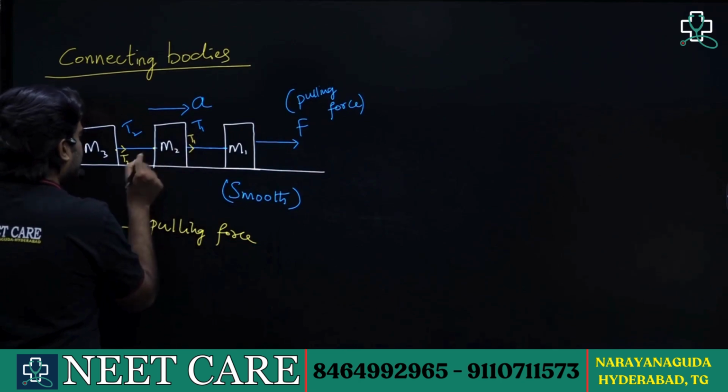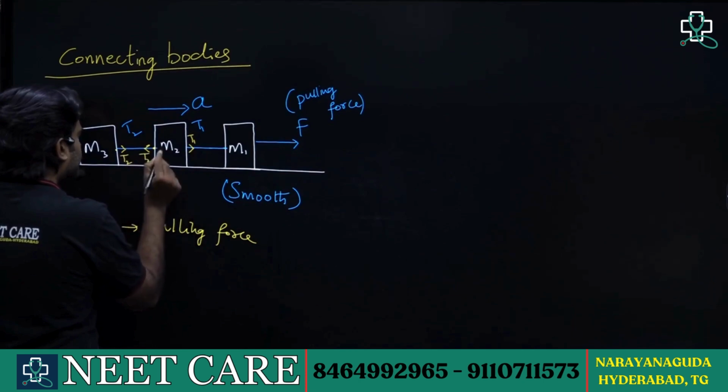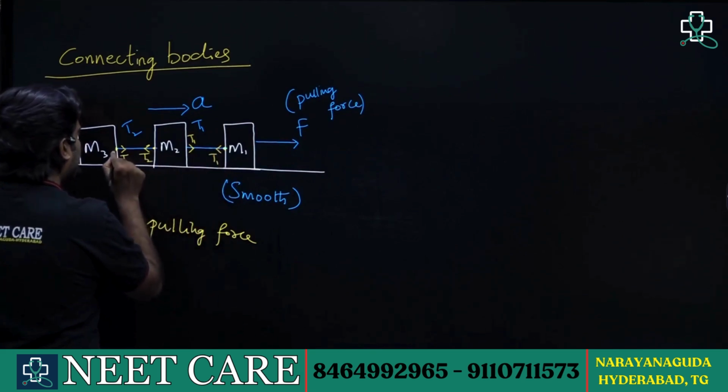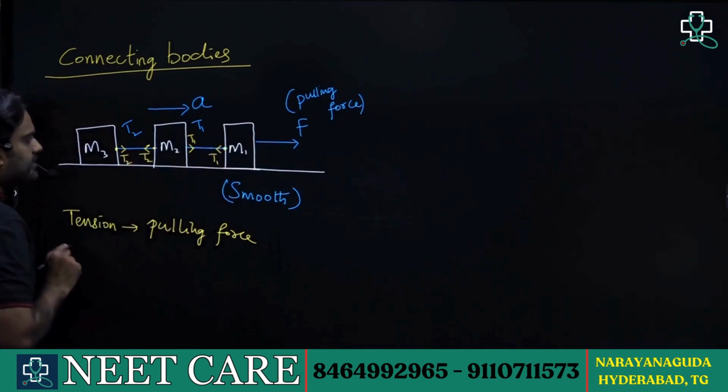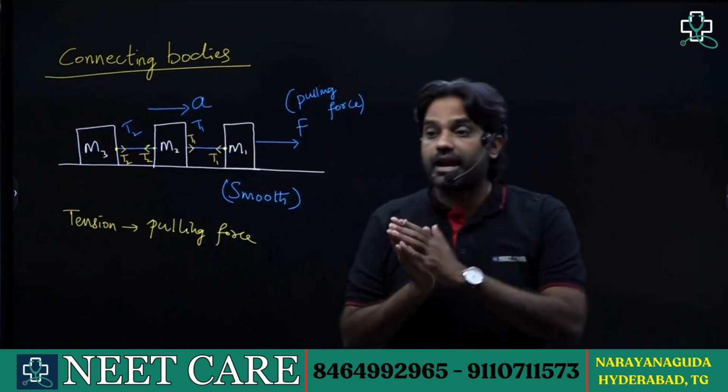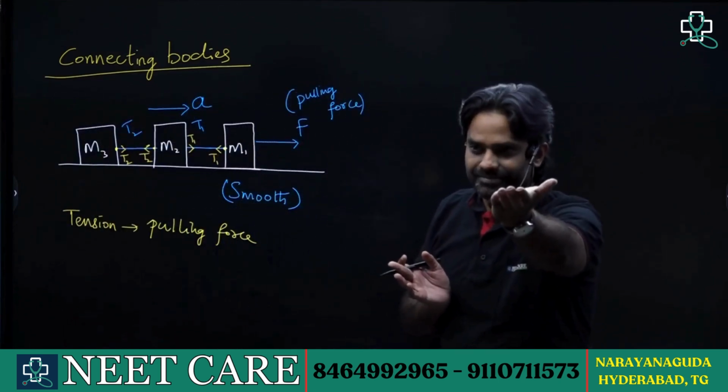Meanwhile here this string T2 will oppose the motion of M2, because since it is a pulling force, at any point its direction would be away from the considered point. In a string, with respect to a point, the direction of tension must be taken away from it, because it is a pulling force.